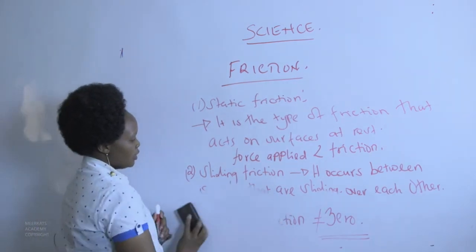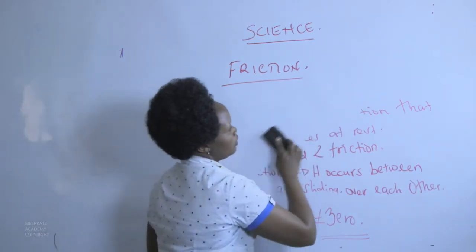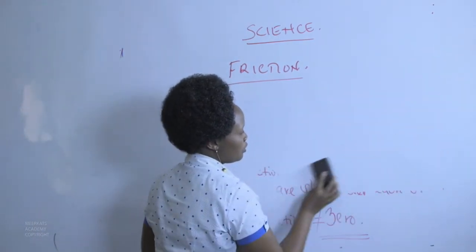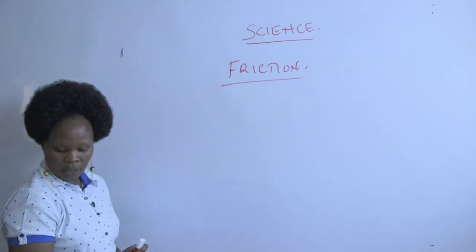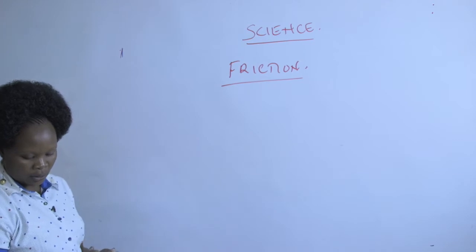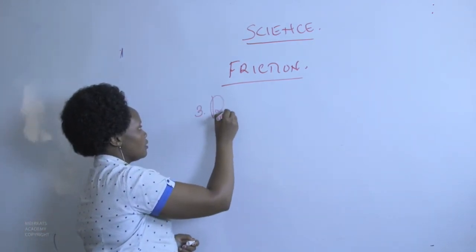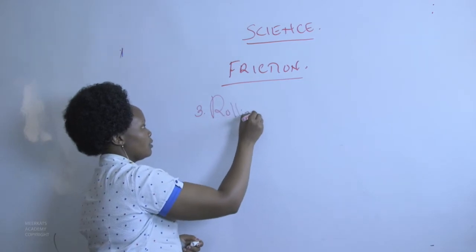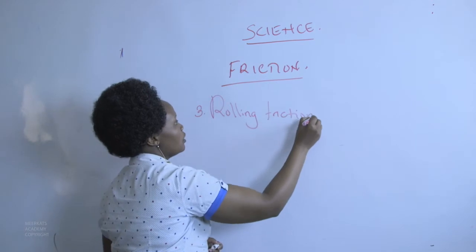The third type of friction is what we call rolling friction.